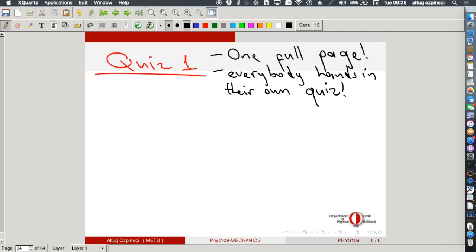So remember, you should hand in one full page, whether your page is large or small, I don't care. But bring one full page, don't just tear it into smaller pieces. And everybody brings their own quiz.